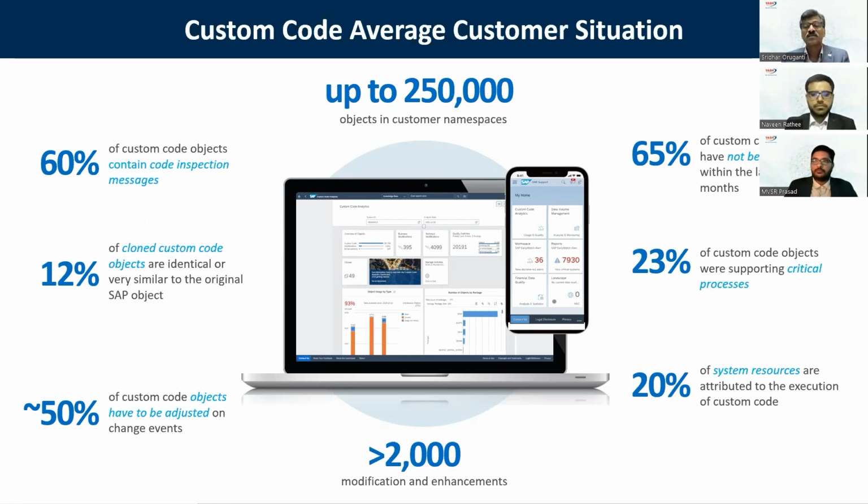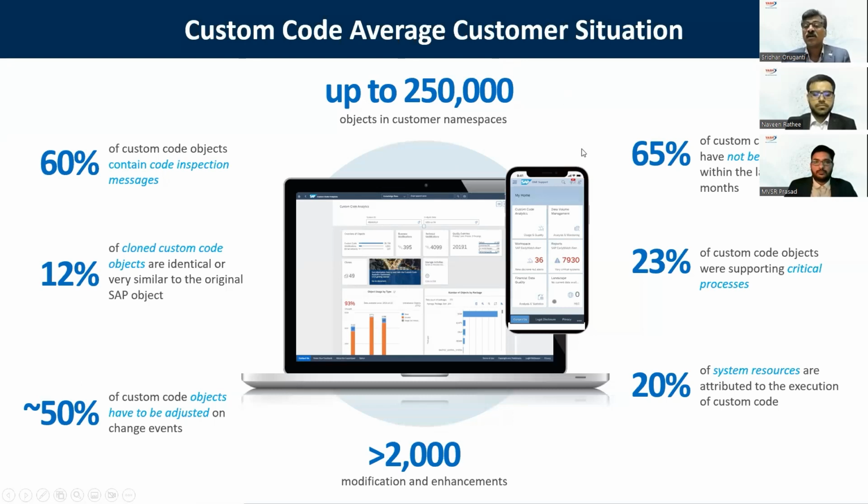These are a few statistics that we gathered from various surveys conducted by industry experts, and they are very overwhelming custom code related statistics. Up to 250,000 objects exist in various customer namespaces. These are pretty big in nature. So many custom objects exist.